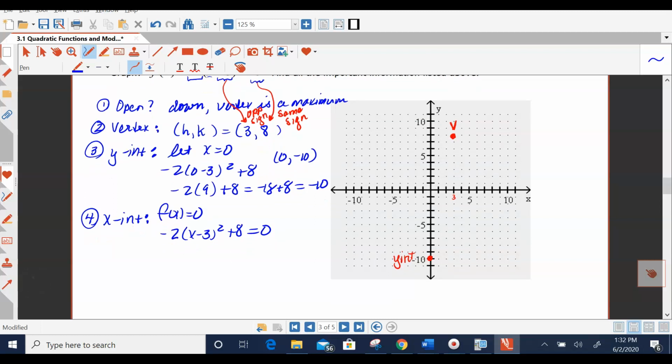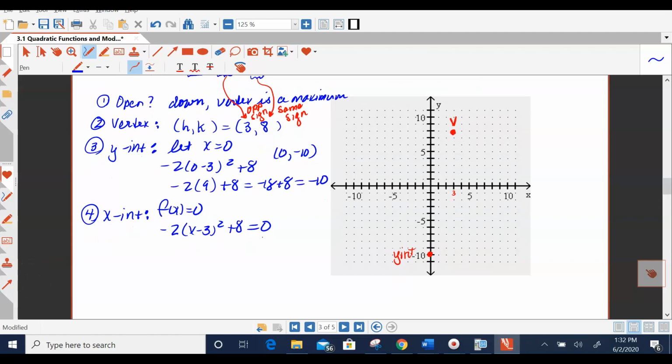So to solve this quadratic, we're going to need to use the square root method. So if you worked on that quadratic equation review, then hopefully you'll remember how to use the square root method. First thing I would need to do would be to subtract the 8. Then I would need to divide by this negative 2.